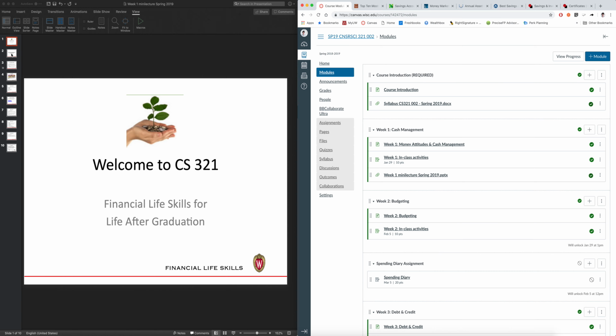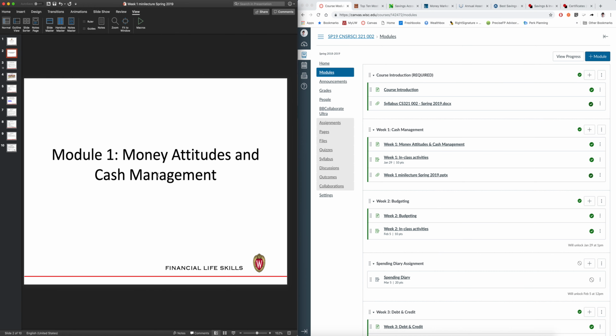So for cash and money attitudes, I think the thing I wanted to emphasize most here is, well, first let's start with money attitudes. This maybe forms one of the more interesting areas of research when it comes to financial planning and helping clients manage their finances, is sort of helping them become aware of and manage their own attitudes around money.